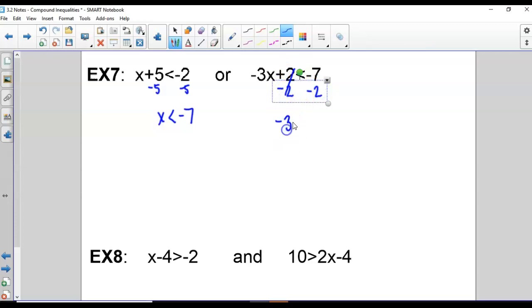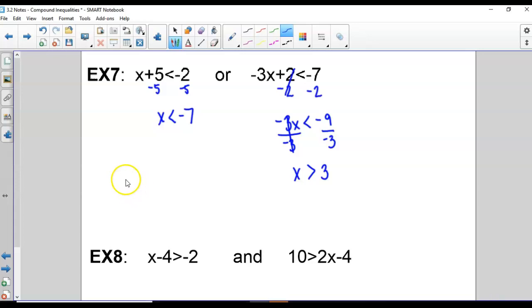So -3x is less than -9. We have to get the x by itself, so we're going to divide by -3. And so x is greater than +3. Notice here that I flipped the sign because I divided by -3, so I had to change that less than sign to a greater than sign.